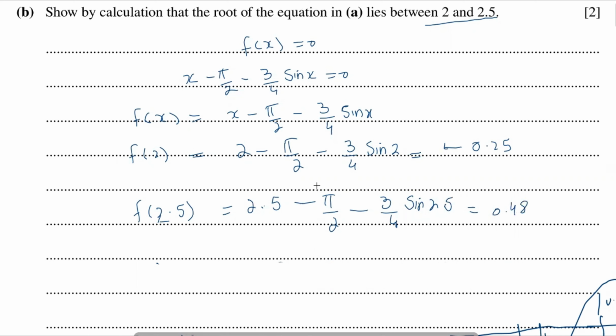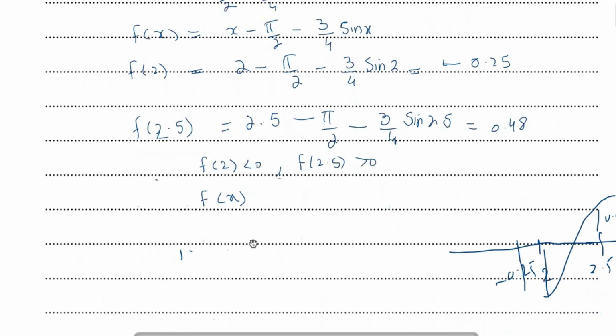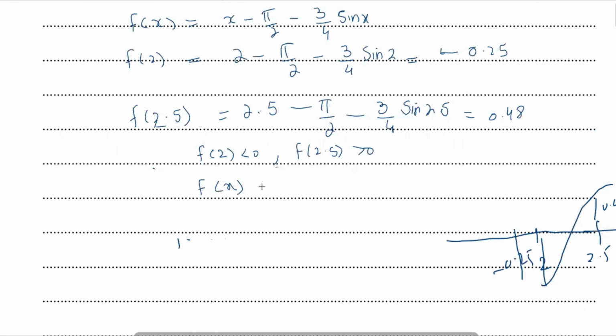Now you see here, f of 2 is less than 0 and f of 2.5 is greater than 0. When the sign in f of x changes, you see here f of 2 is negative and f of 2.5 is positive.